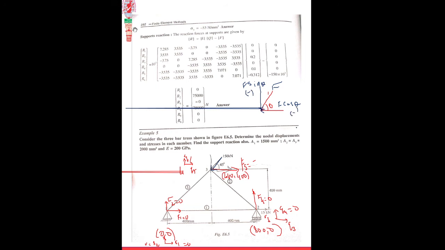Therefore F cos theta becomes f5 and F sin theta becomes f6. So that is the difference now: f5 you have to take as minus F cos theta, and f6 you have to take as minus F sin theta.